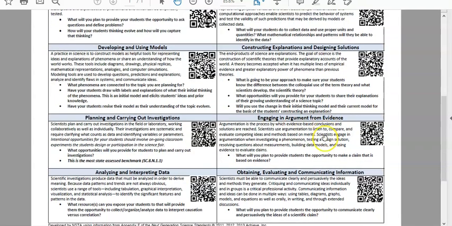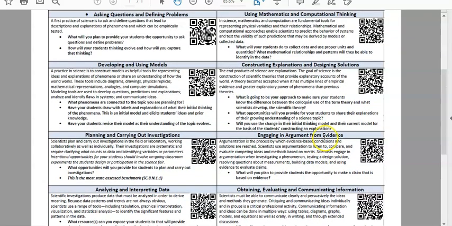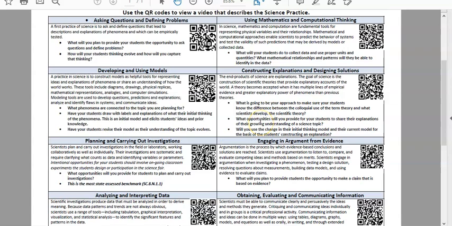The key thing is, during the first 9 weeks, every 9 weeks, there should be multiple exposures to all 8 of these. Some more than others, most likely, but definitely having an intentional exposure to the students doing science. And these are the science practices we're looking for in the classrooms.